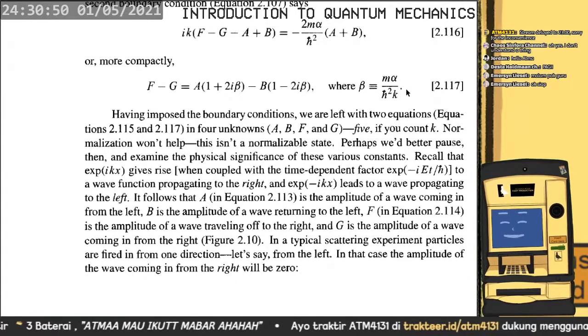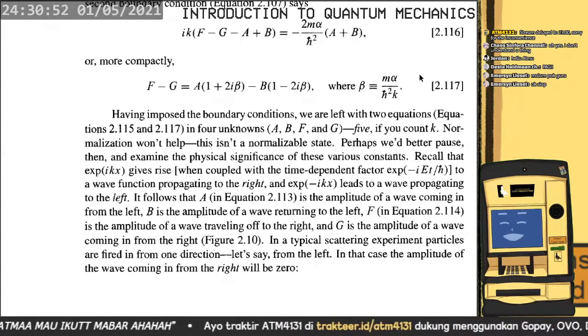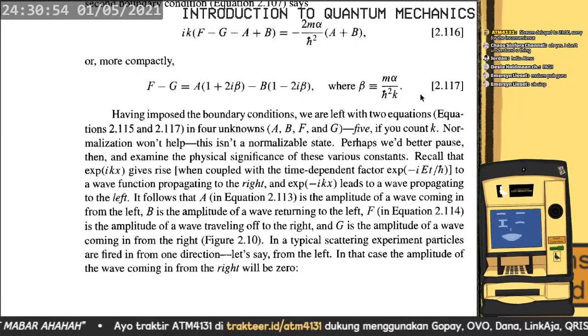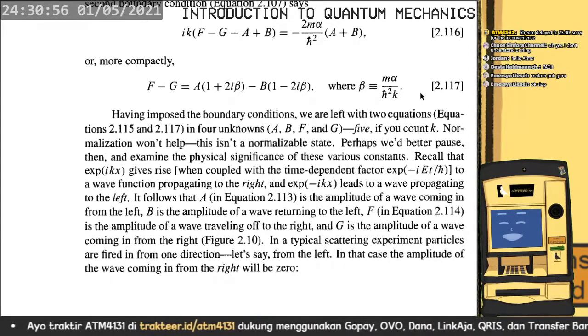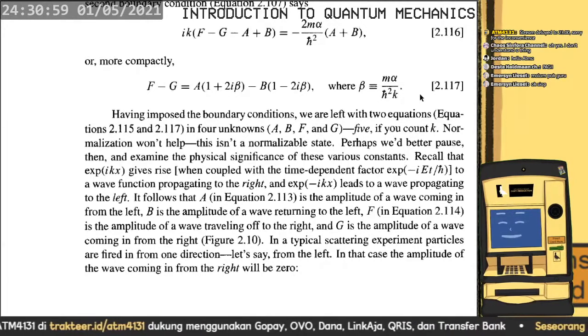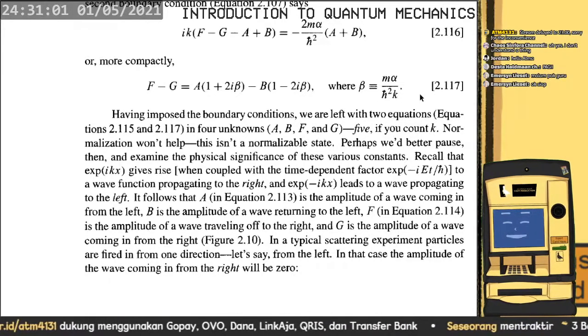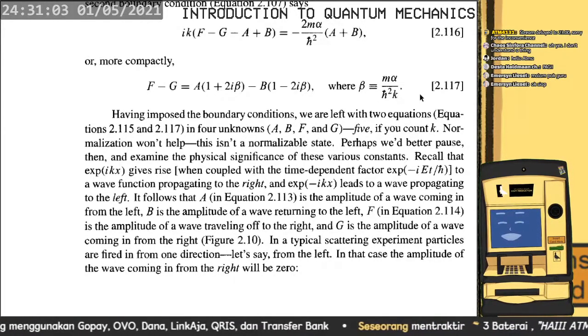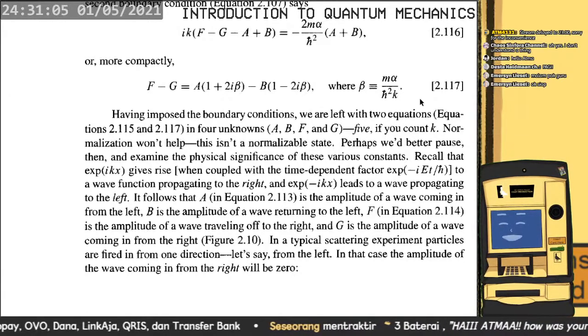Having imposed the boundary conditions, we are left with two equations in four unknowns: A, B, F, G. Five if you count k. Normalization won't help since this is not a normalizable state.